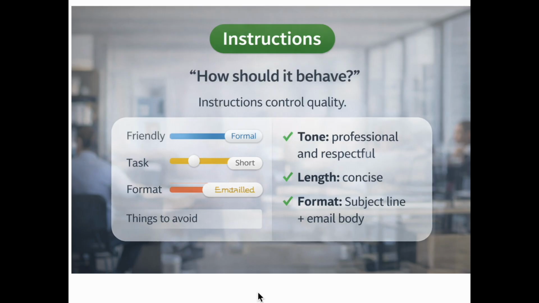For example, in our email, my instructions would be like: use a professional and respectful tone, keep it concise, and structure it with a subject line and an email body. Without instructions, the AI might still write an email, but the quality will be inconsistent. So, instructions are how you shape the output.